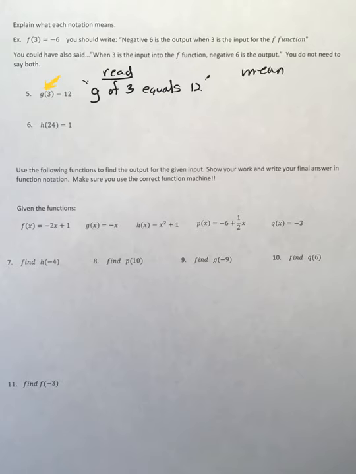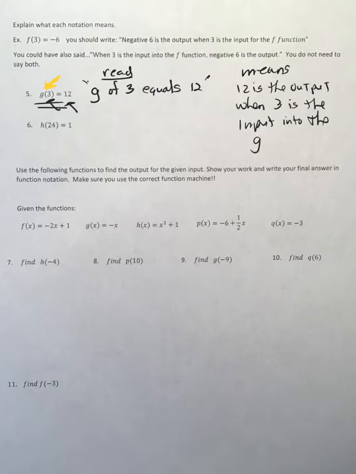So this means that when you plug 3 into the machine, you're going to get 12 out of the machine. So it means 12 is the output when 3 is the input into the G function.